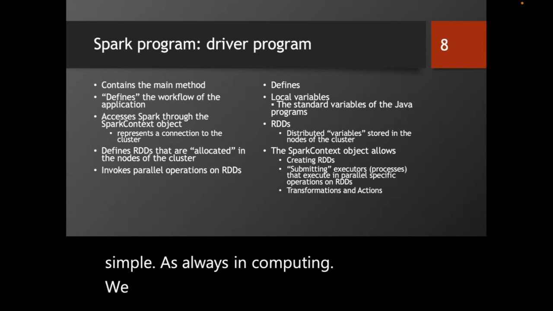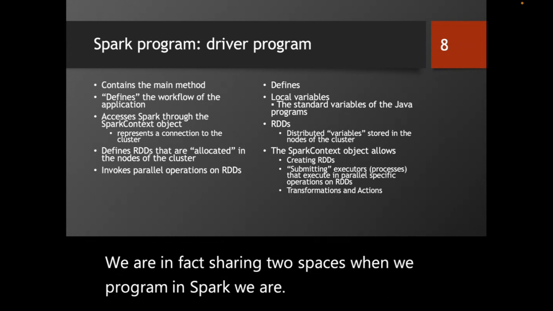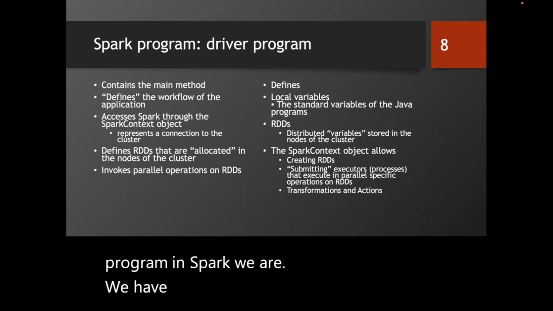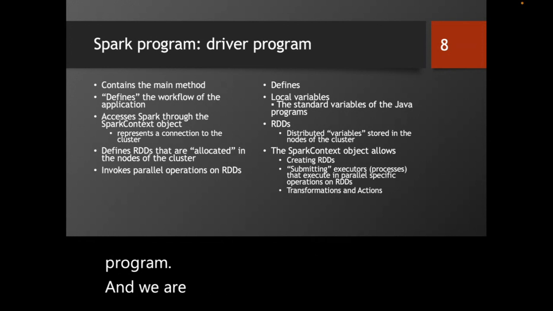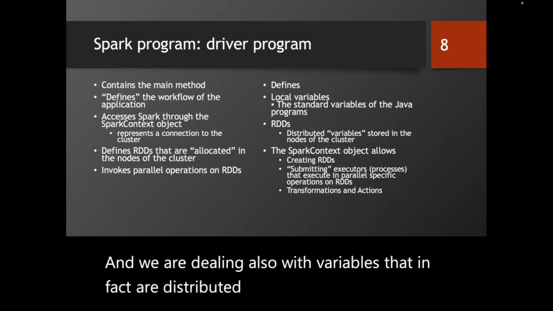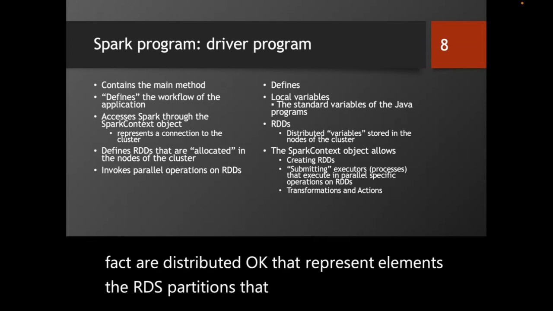We are, in fact, sharing two spaces when we program in Spark. We have the local variables of the driver program, and we are dealing also with variables that in fact are distributed, that represent elements, the RDDs, partitions that are distributed in the different workers.